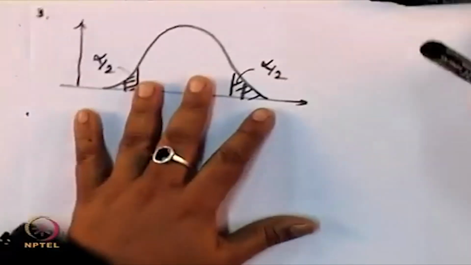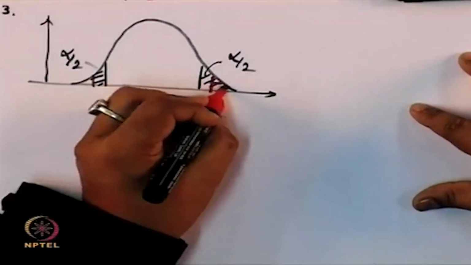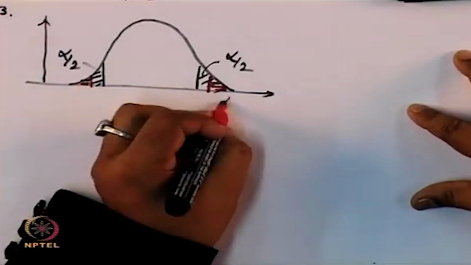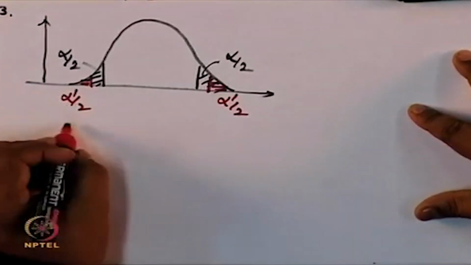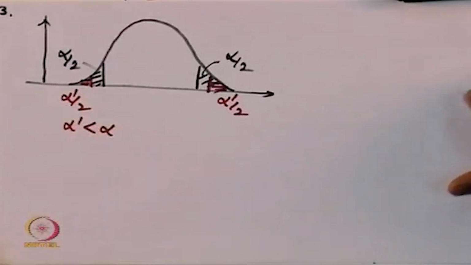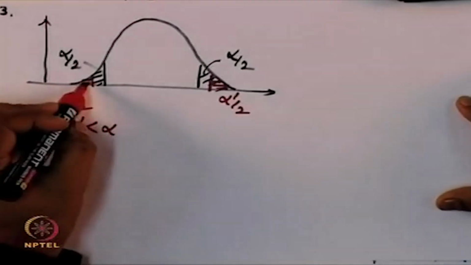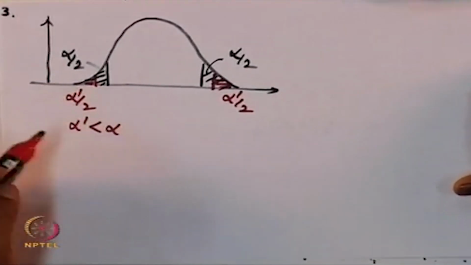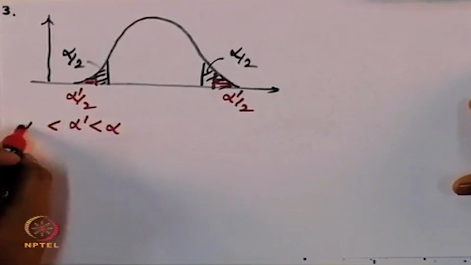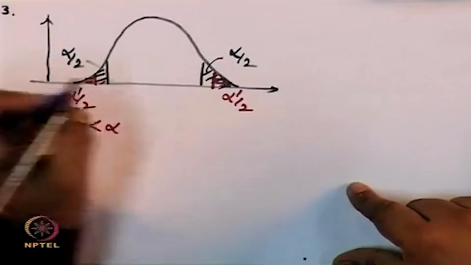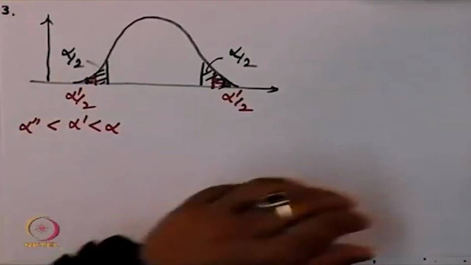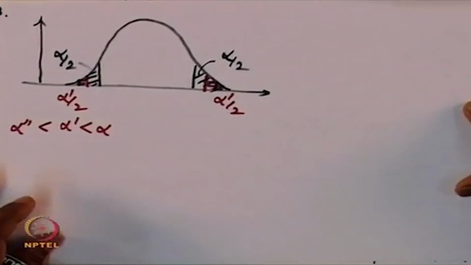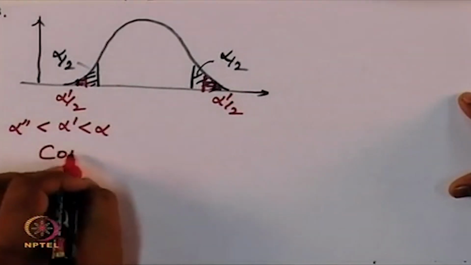For the red, accordingly, you see this area is alpha prime by 2 on each side, and the way I have drawn it, alpha prime is less than alpha. So, as you decrease alpha, you can go to alpha prime or you go to alpha double prime, which is even smaller. So, what you are changing is essentially the confidence level.